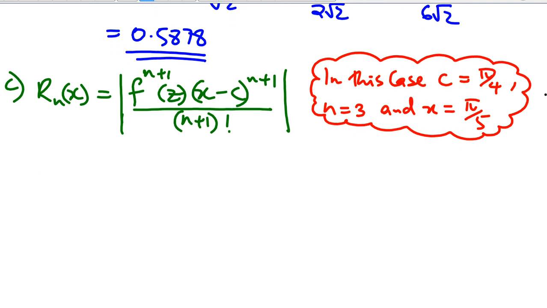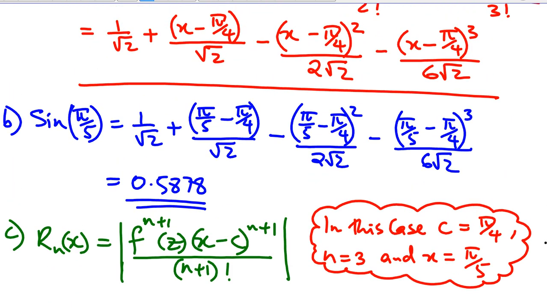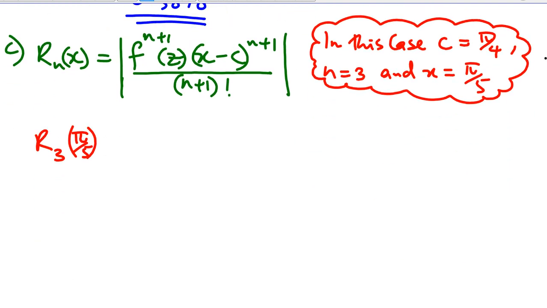So R3 at pi over 5, right? Because remember we used pi over 5 in our approximation, all right? So that's where that's coming from. So that will be equal to the absolute value of the n+1 derivative.